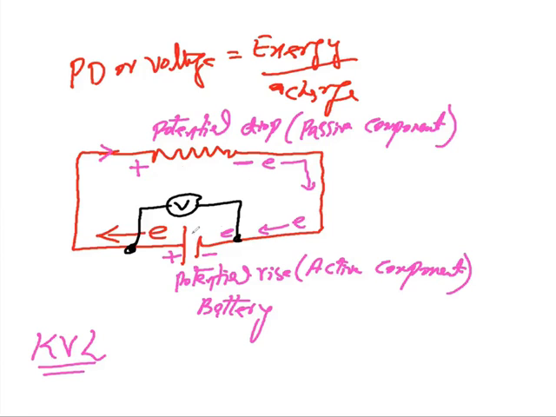The voltmeter gives me the potential difference, and we can only calculate the potential difference if we connect the terminals at different potentials. Here we have positive potential, here negative potential. Energy at this point is higher, energy at this point is lower. So there is a potential difference.